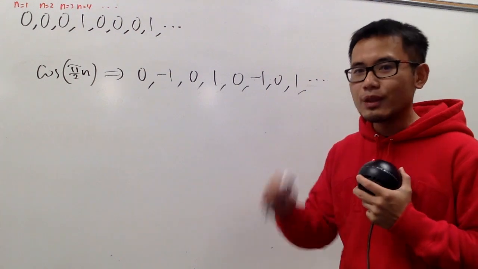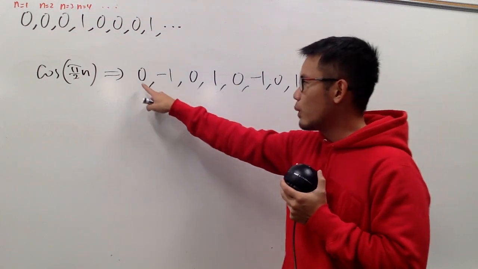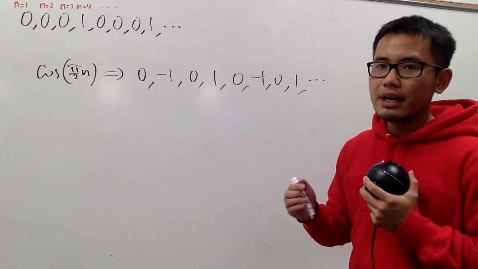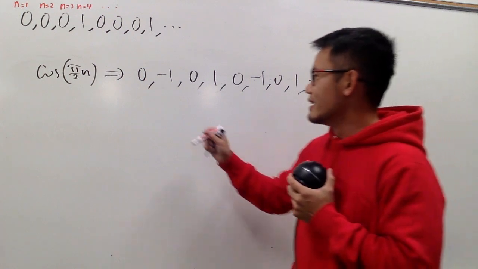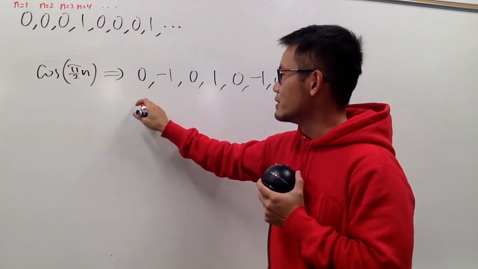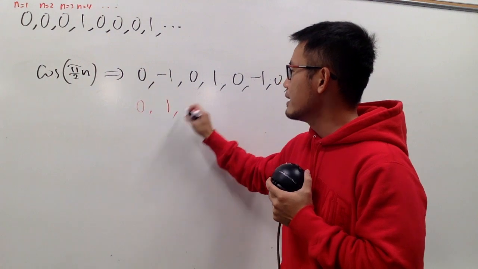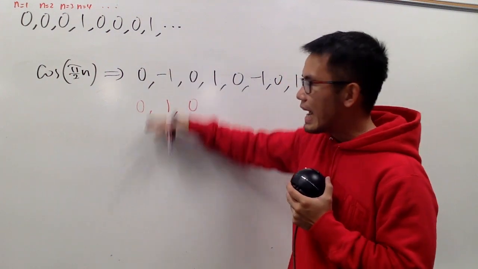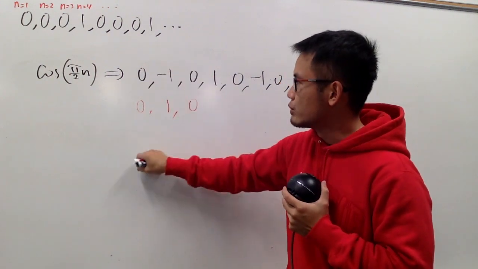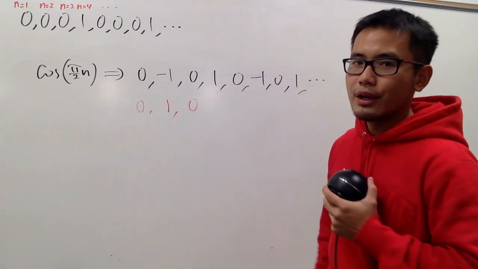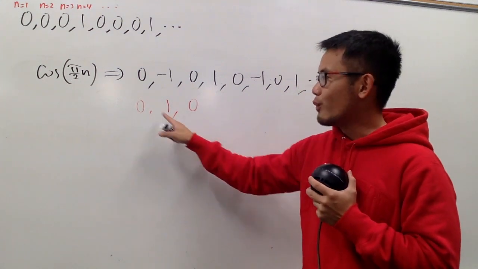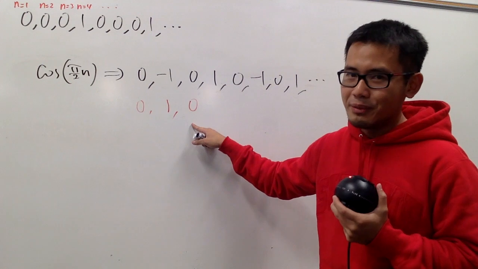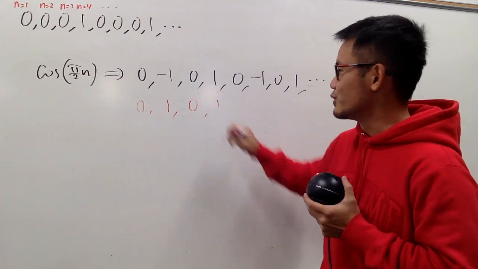Well, we can simply add 1 to it. And I do not want to ruin this 0 either, right? So it will be ideal if I can somehow come up with a sequence 0, 1, 0, so that when I add them, this is going to be 0, 0, 0, right? And now, when we have 0, 1, 0, what should the next one be? Well, I said the answer already, which is 1.